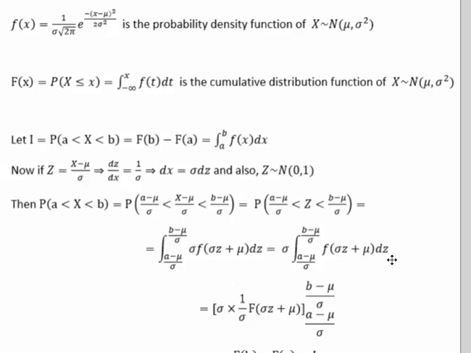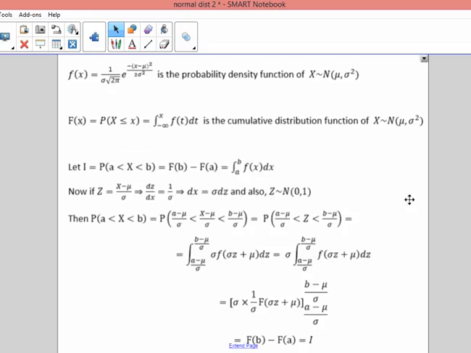just like we usually do by substitution, and it's just gone off the page there. Let's see if I can bring that back. Just at the bottom of the page there. You can see that this integral simplifies to f of b minus f of a equals I. I is the original event.